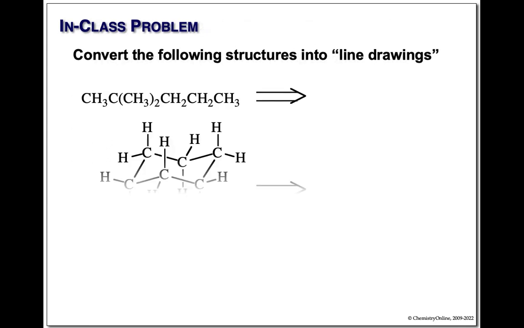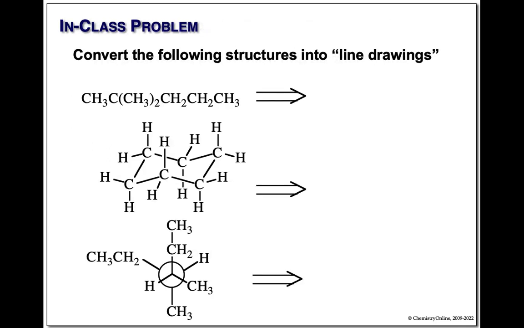Well, let's put some of this to use. Take this structure and convert it into a line drawing. The way to do this is to look at your compound and figure out the carbon chain.